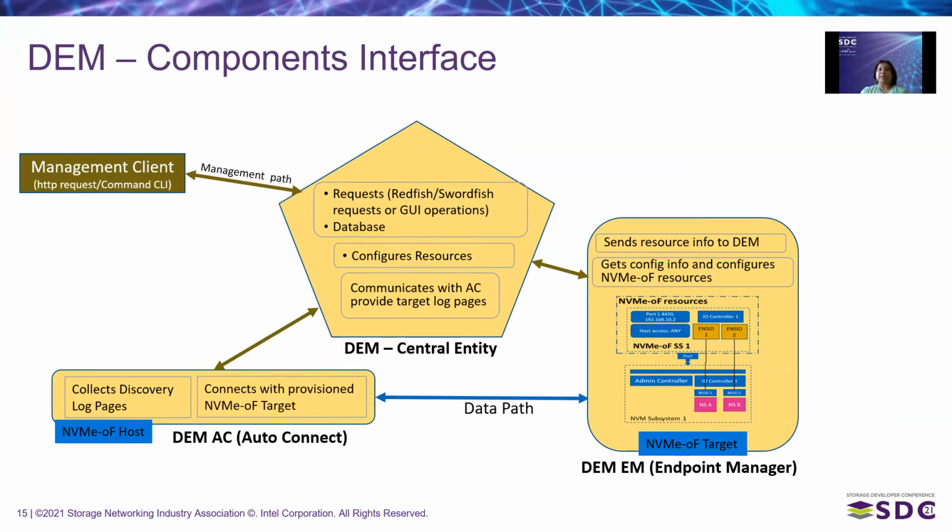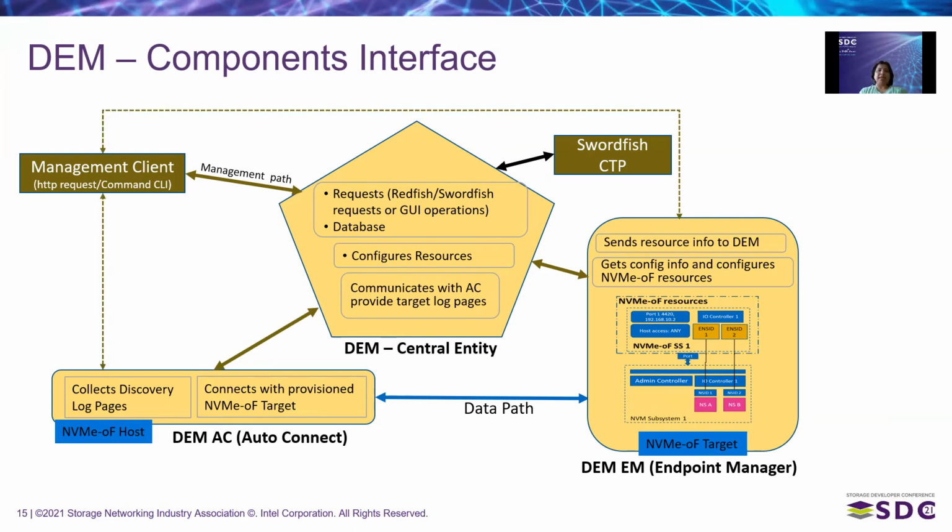And that is shown by the data path over there. And DEM also maintains the resource tree in a form that is compliant with Swordfish, and it can be validated with Swordfish CTP. So later in the slides, we can see some CTP test results as well.